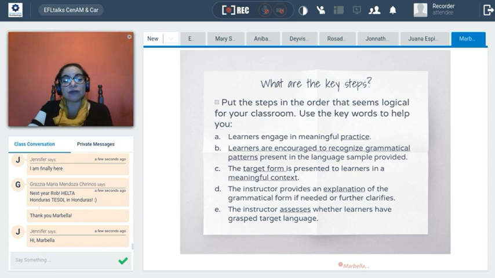It also says that learners are encouraged to recognize grammatical patterns that are present in the language sample provided. We have that the target language is presented to learners in meaningful contexts, that the instructor provides an explanation of grammatical forms if needed, and that the instructor assesses whether learners have grasped the target language. As I said, this isn't the correct order, it's just something to get you thinking.